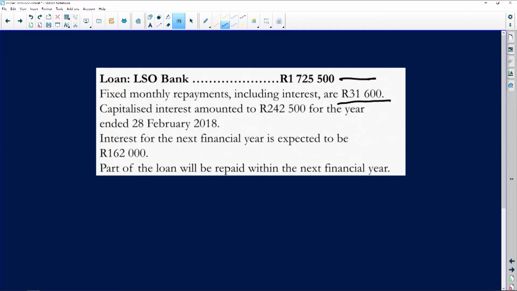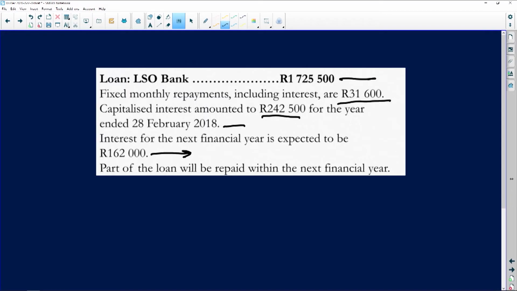You are also told that your capitalized interest amounted to 242,500 for the year ended February 2018. All right? You are told that the interest for the next financial year is expected to be 162,000.